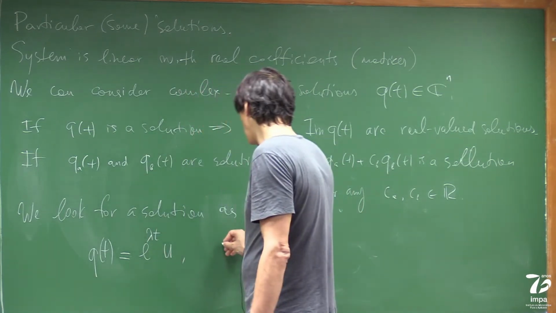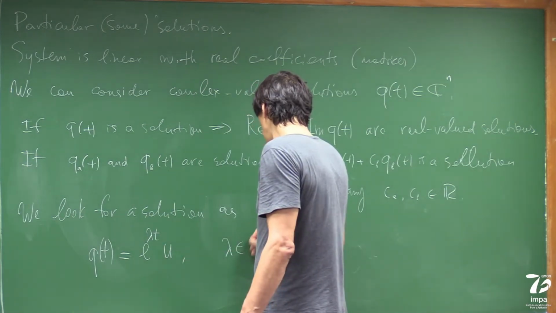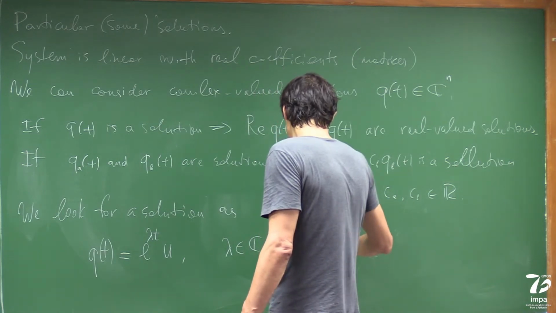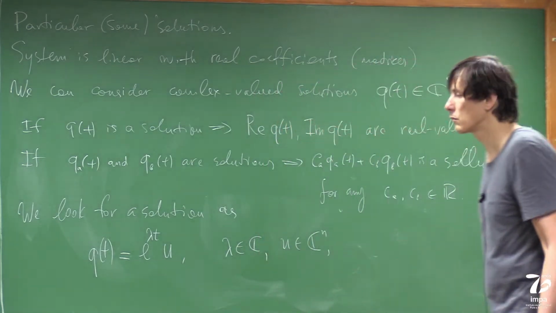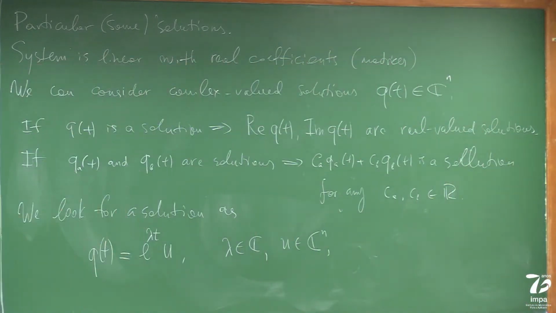So everything is complex here. All coefficients are complex. So lambda we take complex, and u is a complex vector. So we just have right to do so. And now you substitute this formula to the equation, and try to select lambda and u in such a way that it becomes a solution.